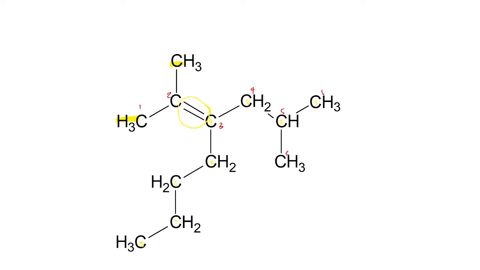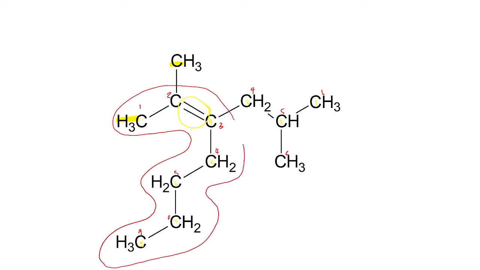Either of this will be six. Okay. So if we go downwards, we will actually have here four, five, six, seven. So in that, we will actually be considering this chain as our parent chain.